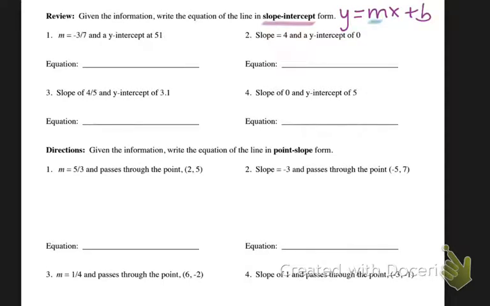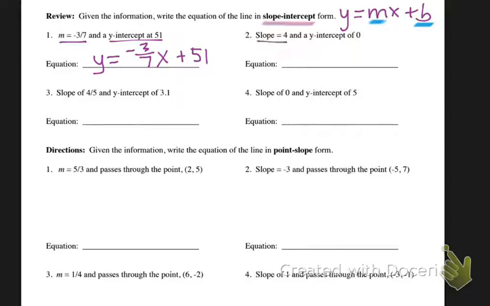So our m is the slope, our b is the y-intercept. So all we're doing is writing the equation. For number 1, the slope, that's m, is negative 3 over 7, and the y-intercept is 51. So we have y equals negative 3 over 7x plus 51.